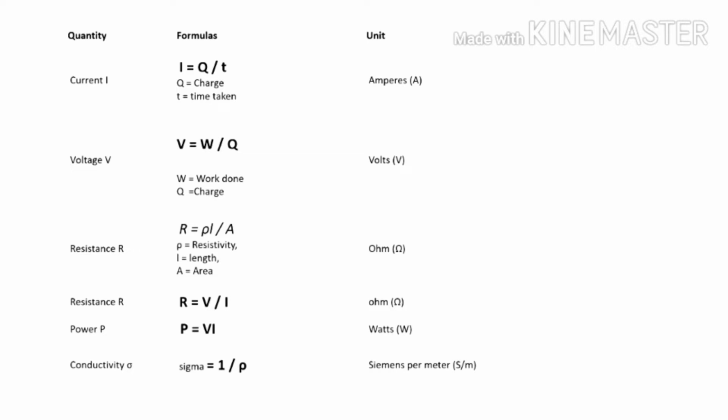So we can write R equals rho L by A. Remember, rho is the resistivity. It depends only upon the material or properties of the material.